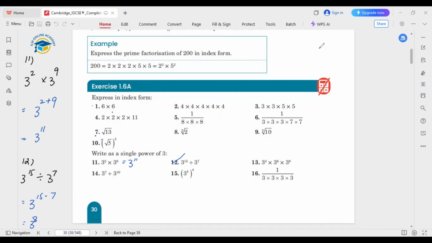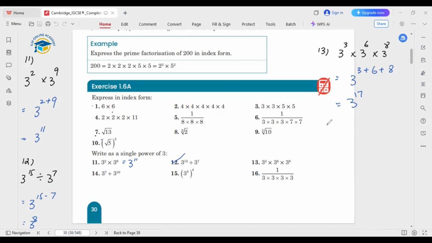Next, for the 13th one, they gave 3 different powers with the same base. Multiplication has been done, so we need to add all the powers. You can add the 3 powers together at one time, like 3 plus 6 plus 8, which is basically 17. So 3 raised to the power 17.